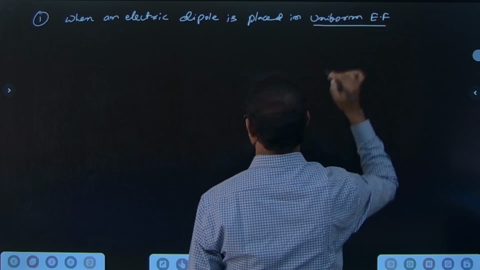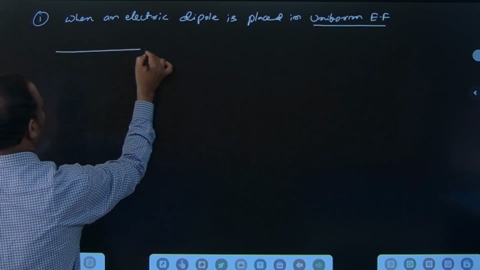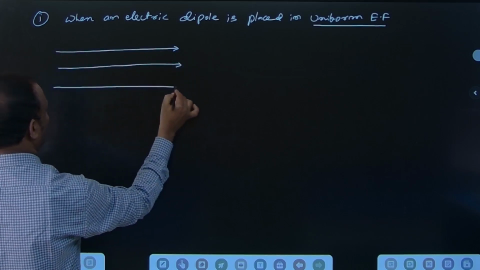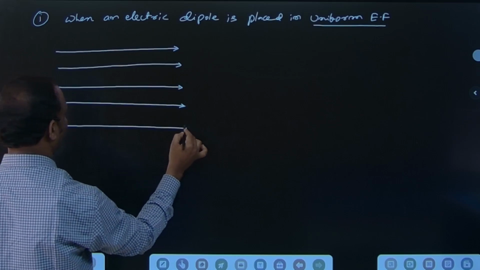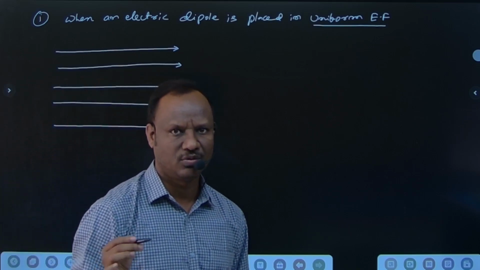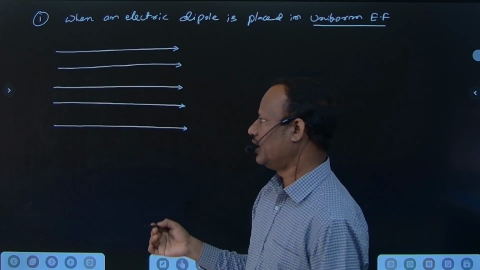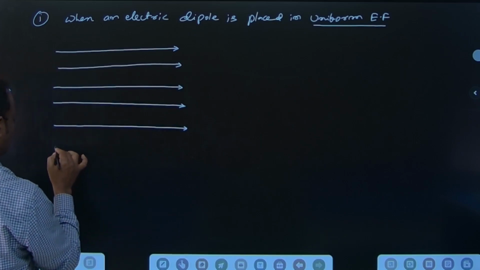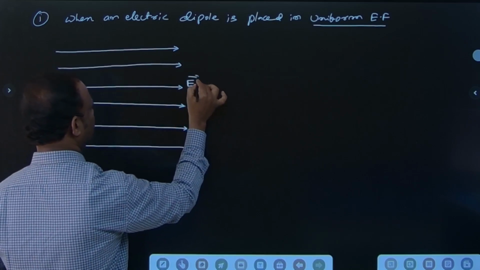Pivoted means it is freely suspended in an external uniform electric field. From this we can find the net force, the interaction energy, and the net torque. Here the electric field is E bar.